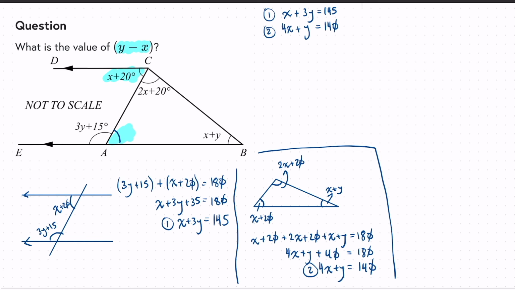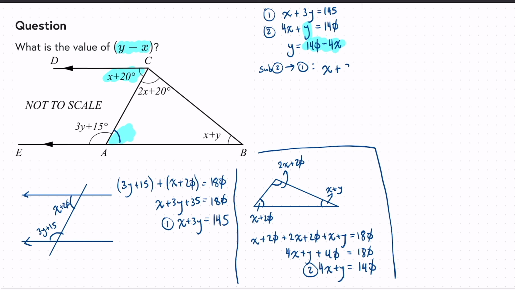I'm going to substitute. So I'm going to manipulate number 2 to make it y equals. So if I subtract 4x from both sides, I can now substitute y for this into the first one. So sub 2 into 1. And that looks like this.